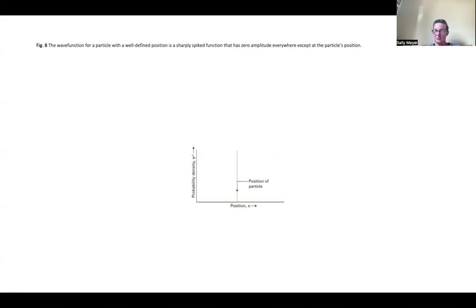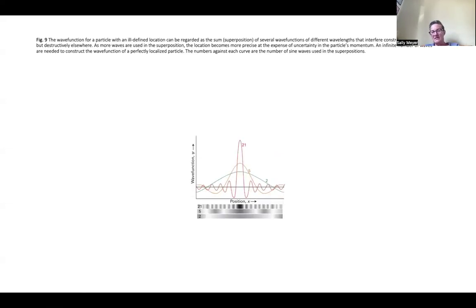So when you know this, you know exactly where the position is. You don't know anything about momentum because you had to add together a bunch of sine functions that have different wavelengths, essentially. That will become more clear when we actually get our wave functions and start looking at their properties.